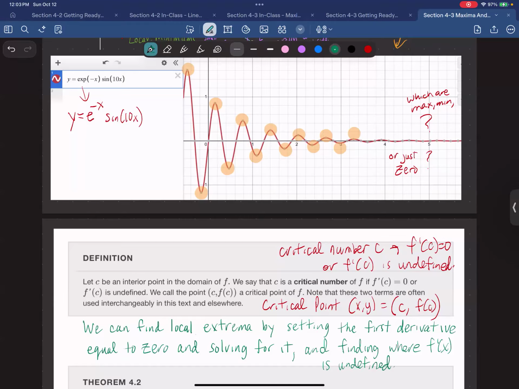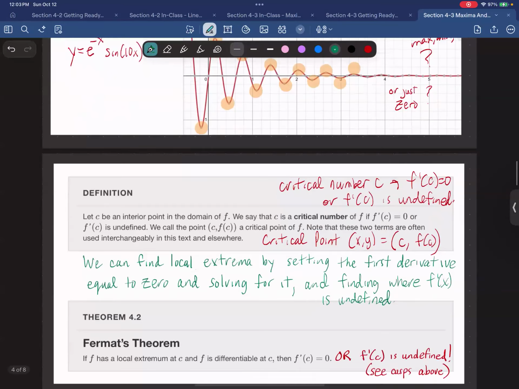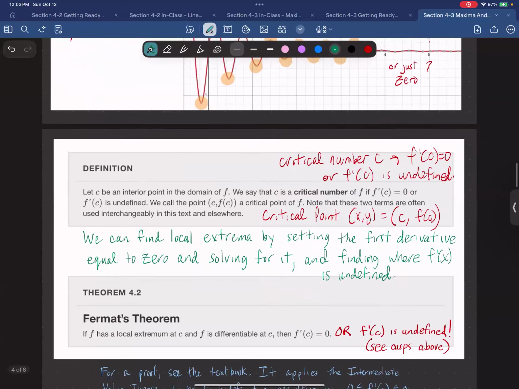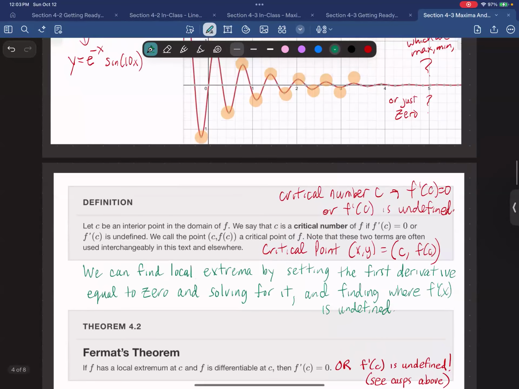And some guy named Fermat came up with this. I'm sure that was his last name. If f has a local extremum at c and f is differentiable at c, then f prime of c equals 0. His theorem only covers this part. It does not cover that part.